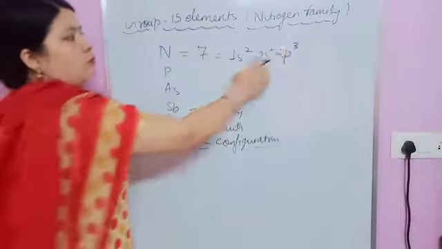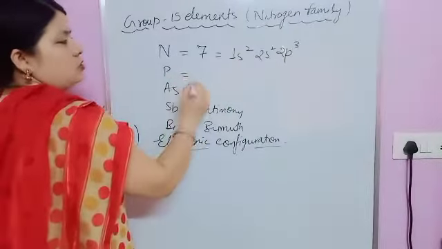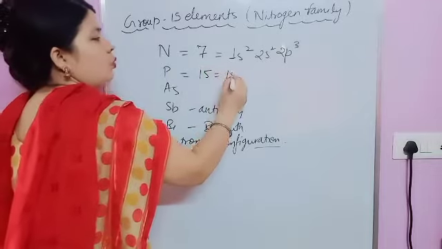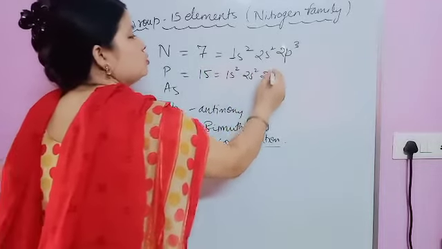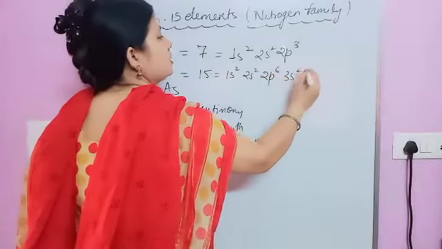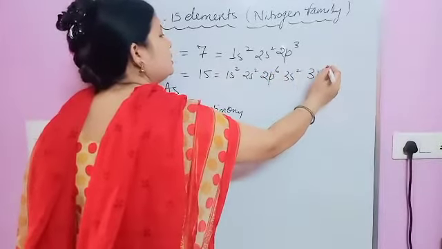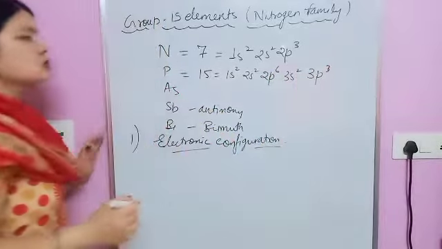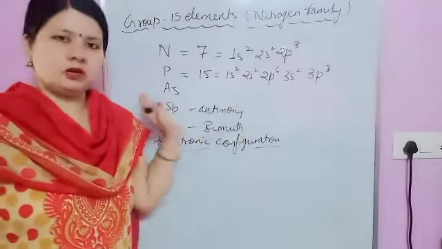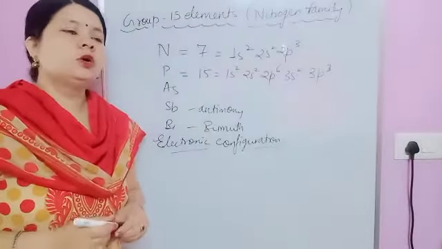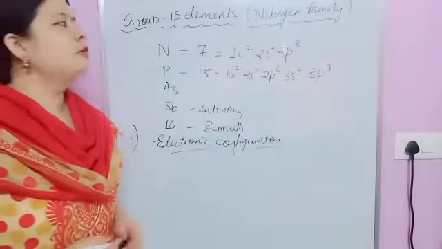Total 4 plus 3, 7. Now for phosphorus, it's 15: 1s2, 2s2, 2p6, 3s2, 3p3. So you can write their electronic configuration accordingly, following the above principle.